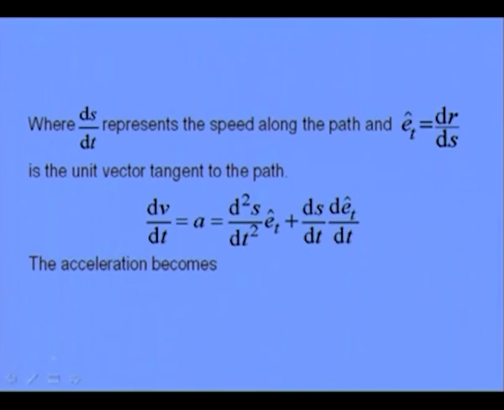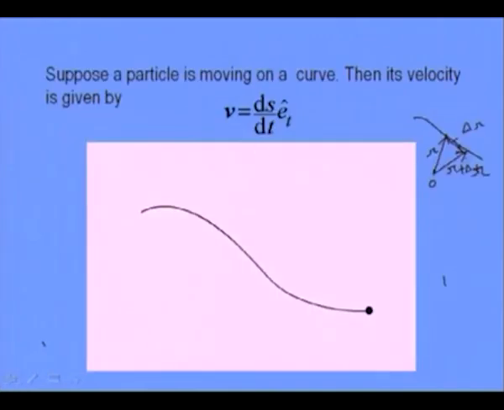The acceleration becomes dv by dt. You differentiate the velocity vector with respect to time. Again, you get a vector quantity, that is a, and this is equal to d square s by dt square et, because you had the expression for velocity as ds by dt et.